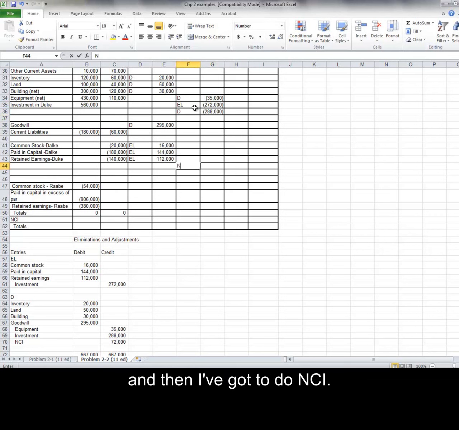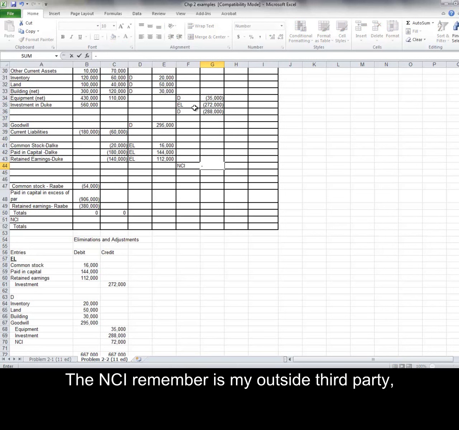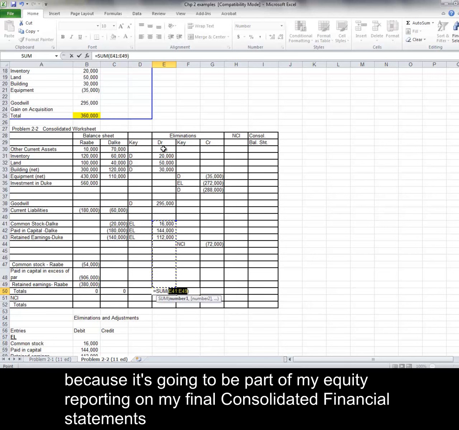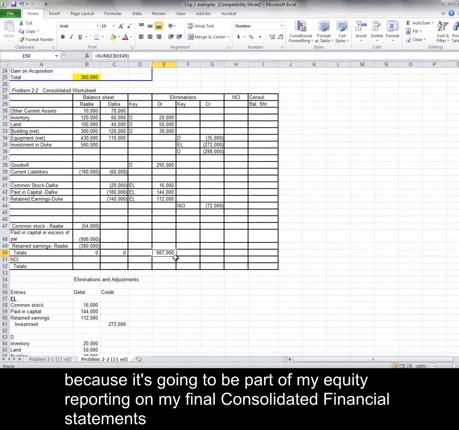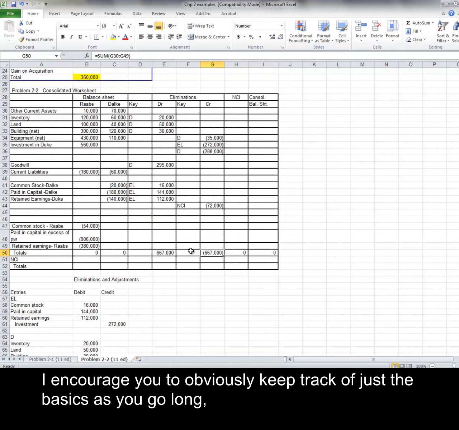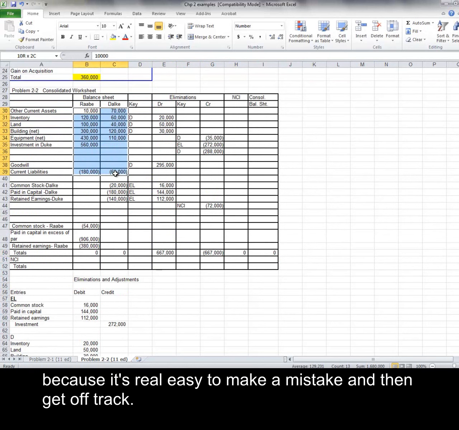And then I've got to do the NCI. The NCI, remember, is my outside third party. And I record that somewhere within the equity section because it's going to be part of my equity reporting on my final consolidated financial statements. So again, we'll put in the totals here to make sure we're tracking as we go. I encourage you to keep track of just the basics as you go along, because it's real easy to make a mistake and then get off track.